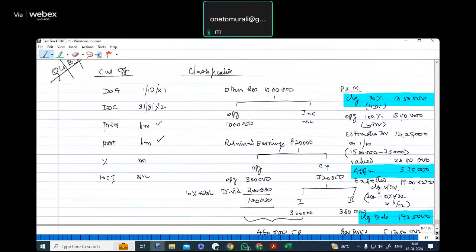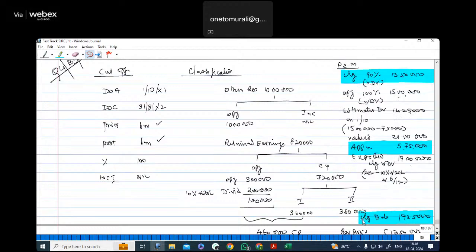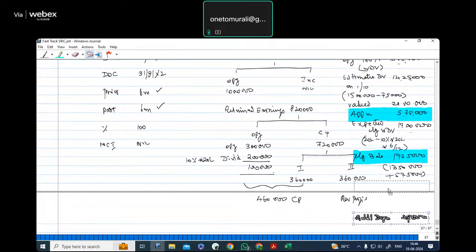Your closing balance is, I will put it a little at the top. So additional depreciation, you can put it here.